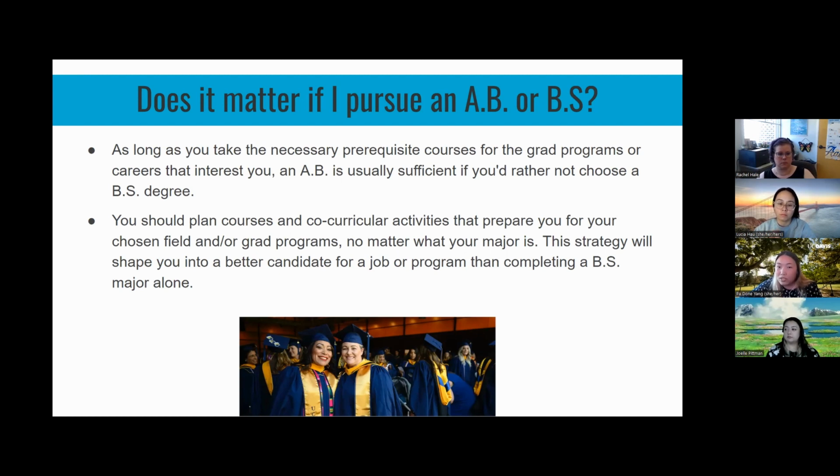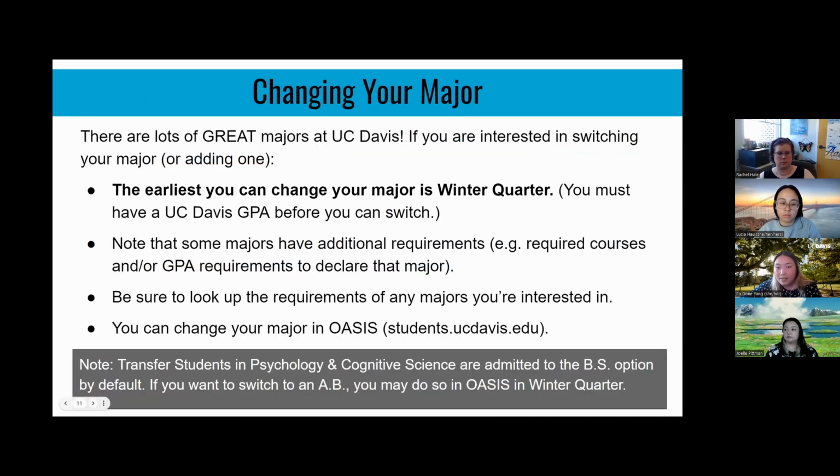A good strategy is to plan courses and co-curricular activities that will prepare you for that field and graduate program, no matter what your major is. That will definitely help you become a better candidate for graduate school than just completing a BS major alone.